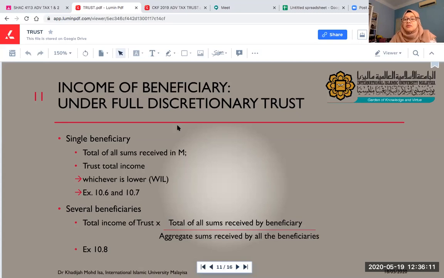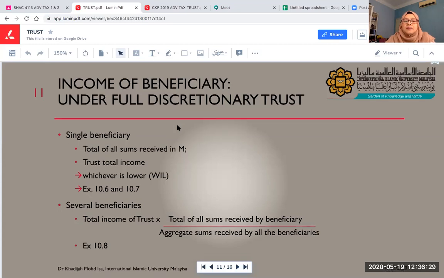So that's why you have to look at how much is the total income and how much is the amount actually received by the beneficiaries. Under a discretionary trust, kalau there's only one beneficiary, you have to see the total sum received in Malaysia, that means how much is actually distributed by the trust to the beneficiary.